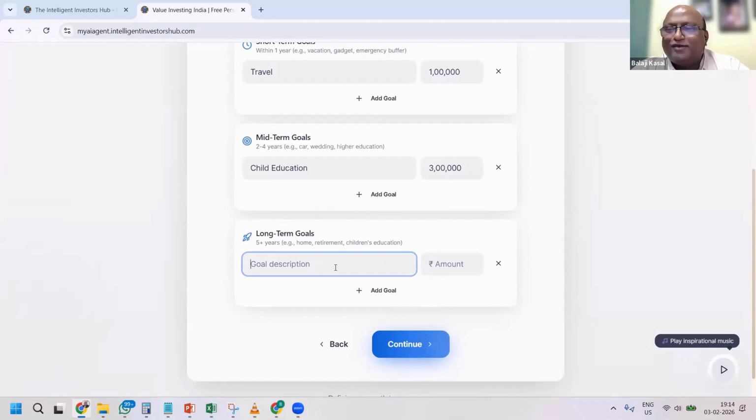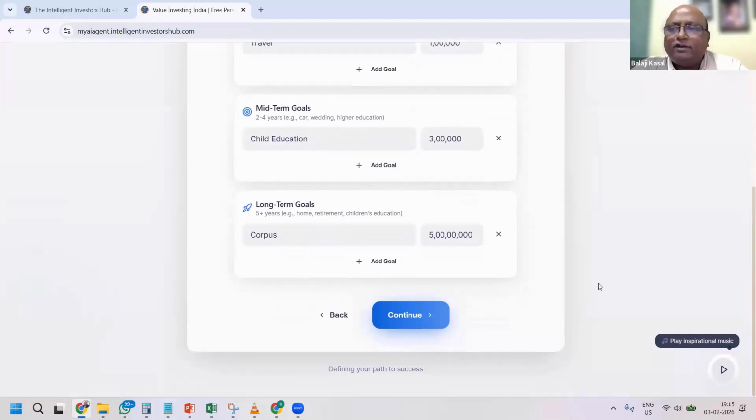I don't want to retire; I want to work as long as I can, so I don't want to write retirement. I can write corpus, maybe. For example, I want to make some 5 crore. You can state whatever you want, and keep adding goals and so forth. And continue.